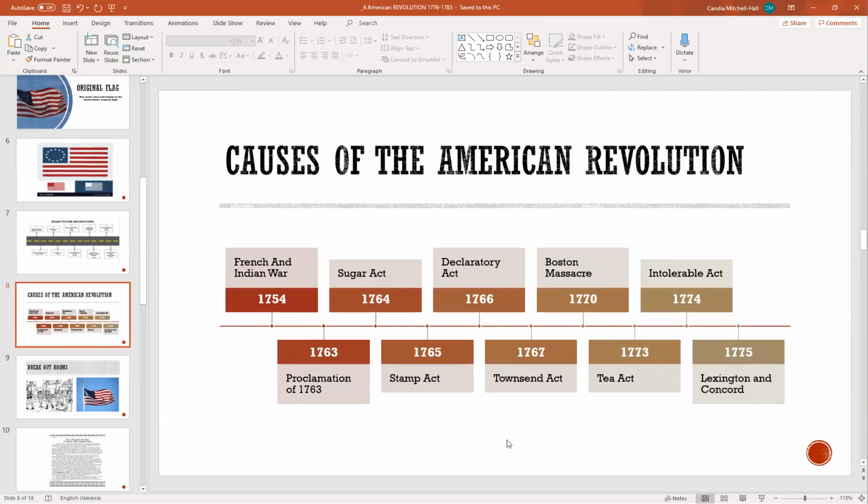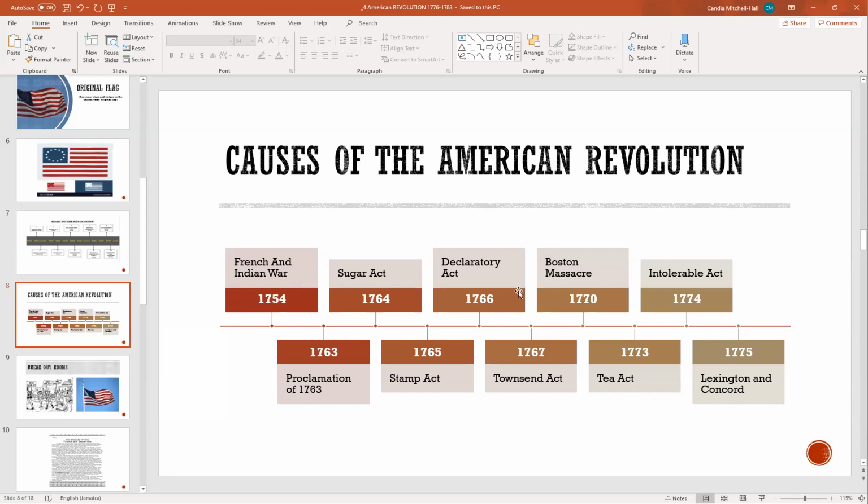Now, the war is going to take place after 1775. But everything that happened before 1776 is what is considered to be the causes, what led to the American Revolution, why the 13 colonies are going to rebel against their mother country.